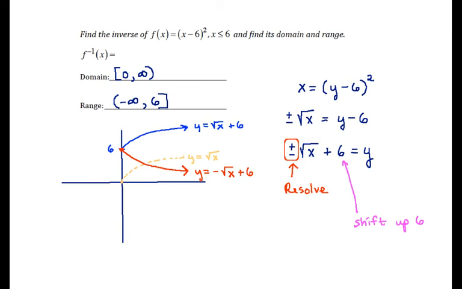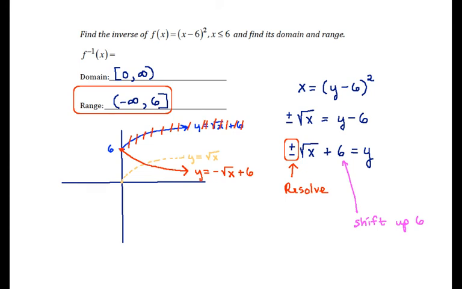I need to figure out which of these is the inverse of that graph that I already drew. Now I could bring that graph into this also, but it's not really necessary because I know the range has to be from negative infinity to positive 6. So I can see now that this upper graph is out of my range, and therefore that's not the inverse of that function over its restricted domain.